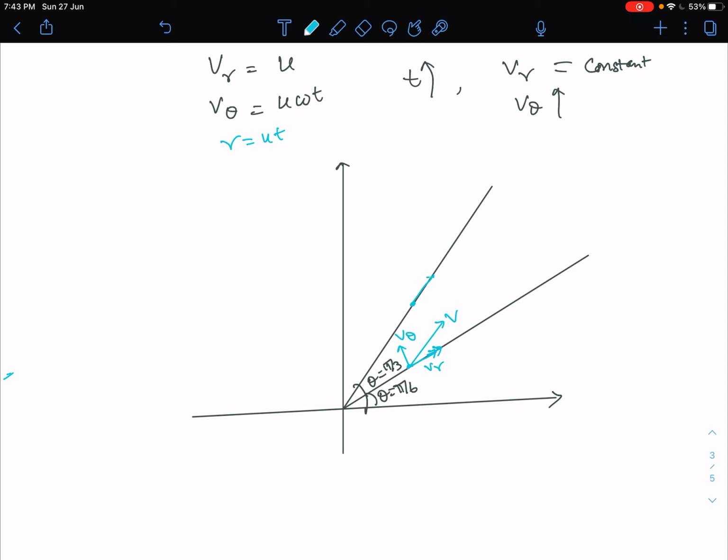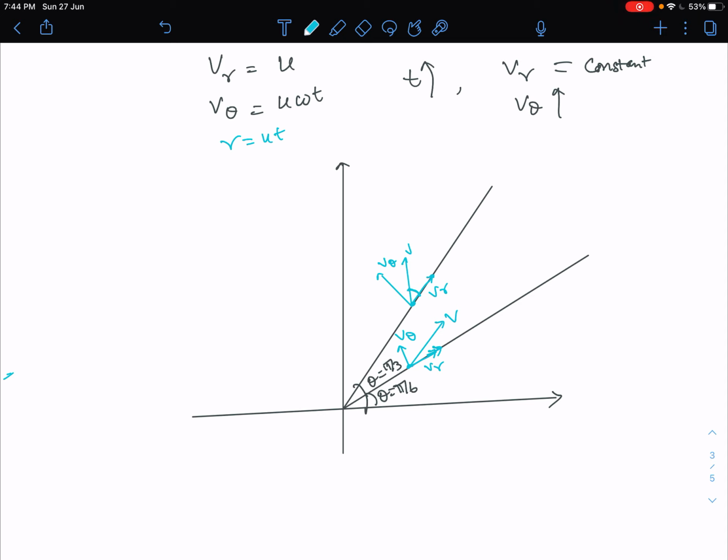At this point Vr and Vθ equalize such that the angle is 45 degrees.